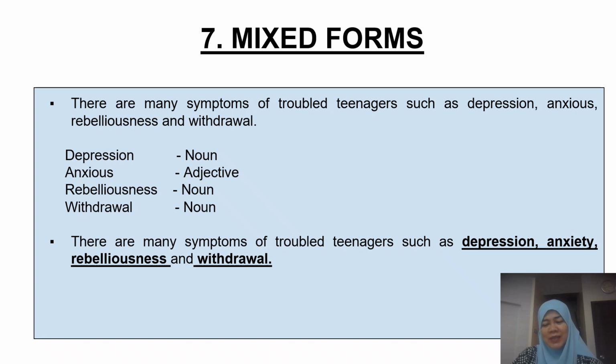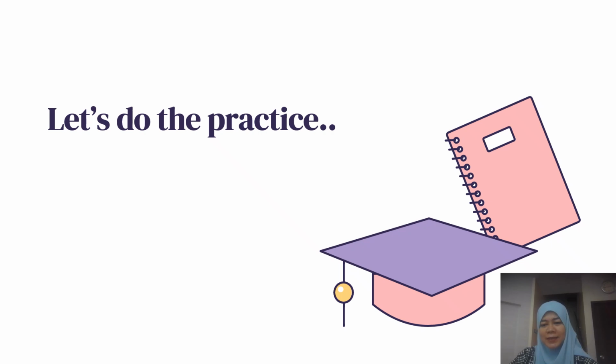Kata sifat. Okay, it actually describe the noun. Okay, describe the person, anxious person. So when you change it into noun, it becomes there are many symptoms of troubled teenagers such as depression, anxiety, rebelliousness, and withdrawal. Okay, now let's try to do the exercise. Let's do the practice in the next video.